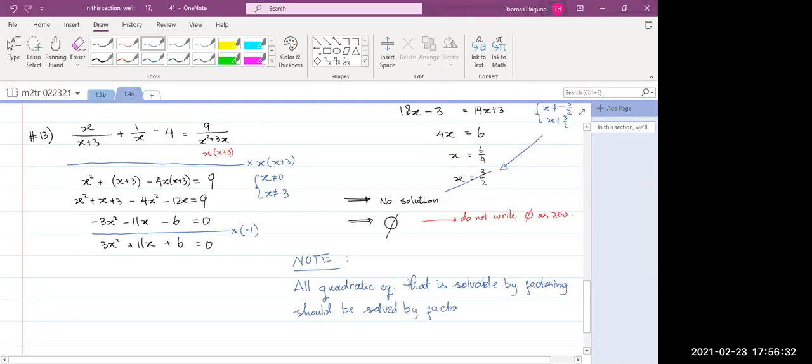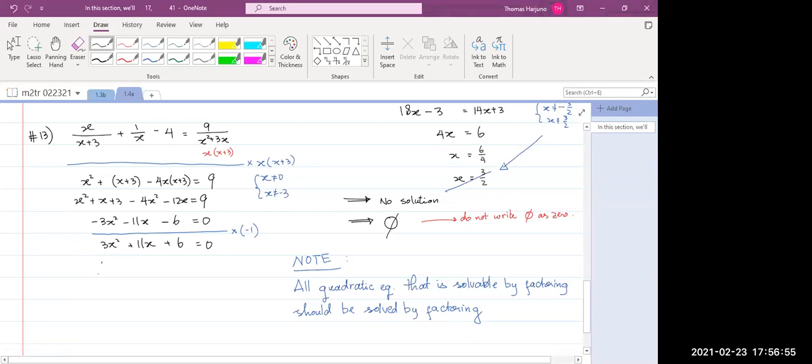If you can solve that by factoring, you need to use factoring method, not quadratic formula. But Thomas, I cannot do factoring for this. Well, then practice. Practicing at home for trinomial with leading coefficient not 1 will actually save you plenty of time compared to if you try to solve this by formula.